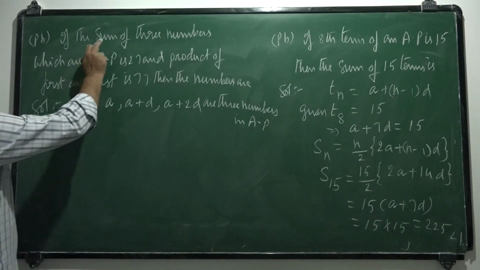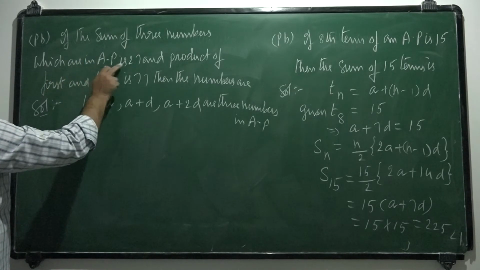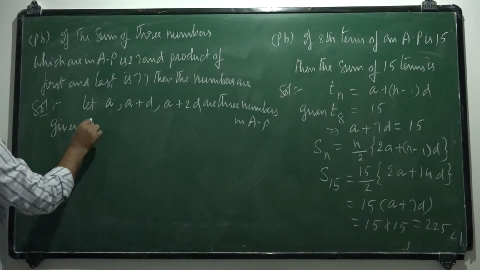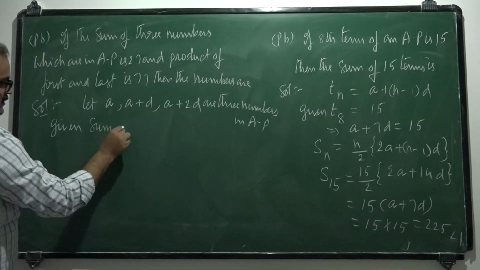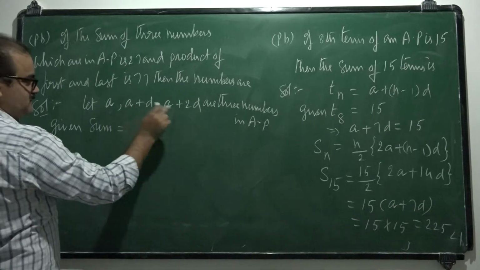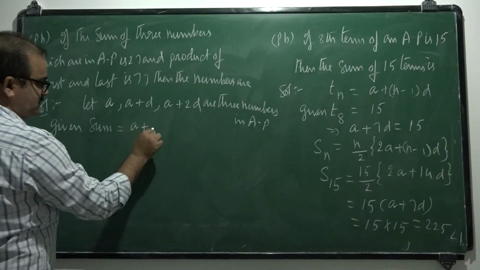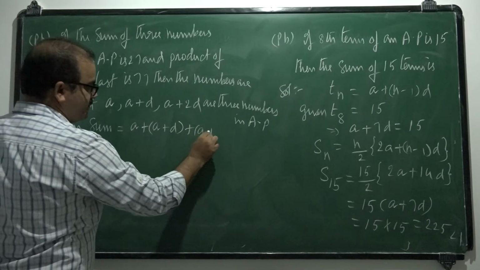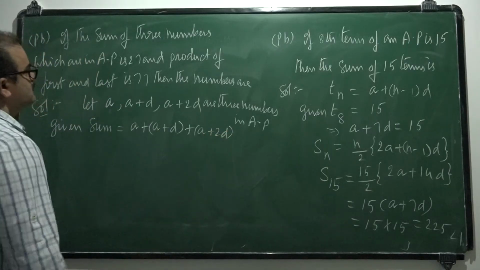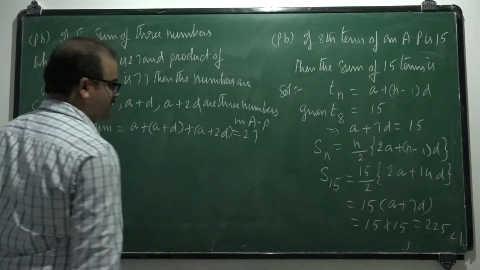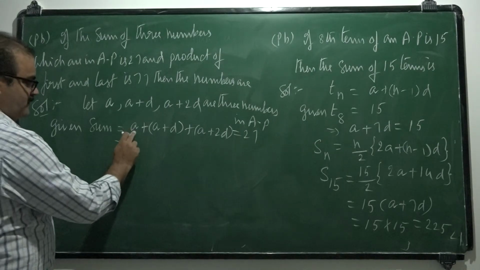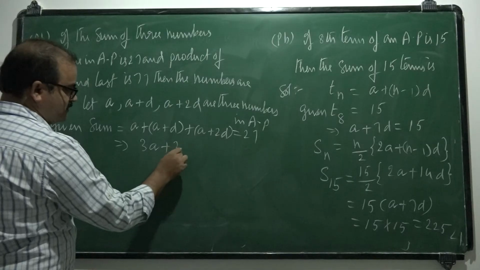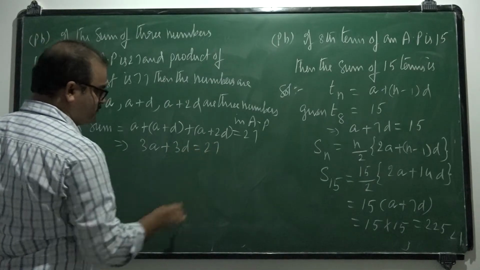From the given data, the sum of 3 numbers is 27. That means add these 3 numbers: a plus a plus d plus a plus 2d, that is 27. a plus a plus a, 3a, d plus 2d, 3d is equal to 27.